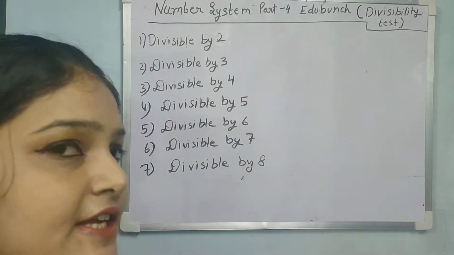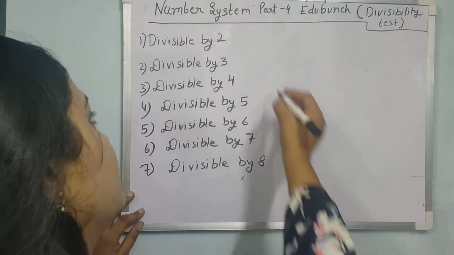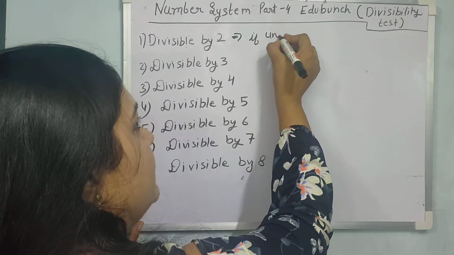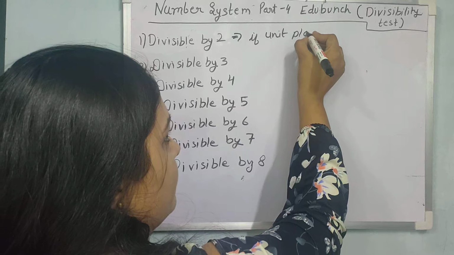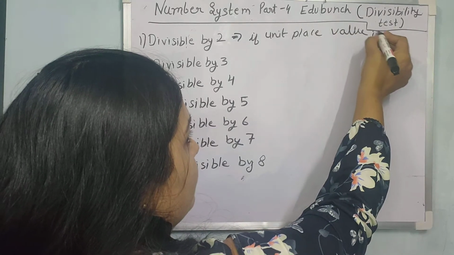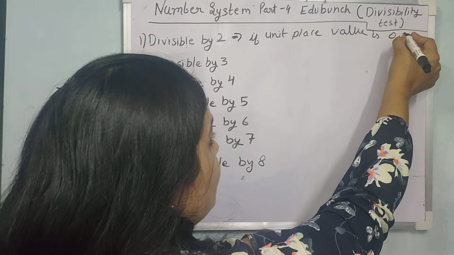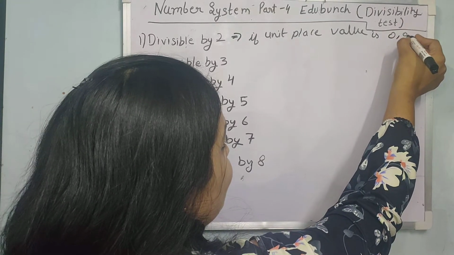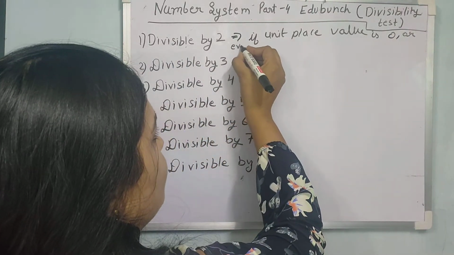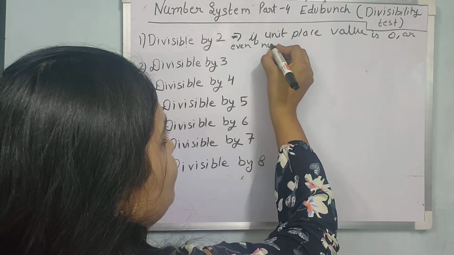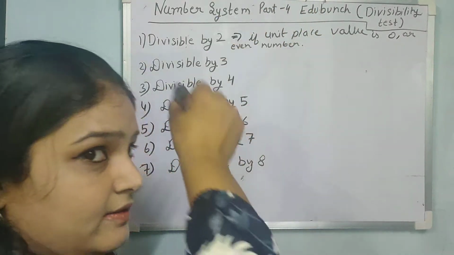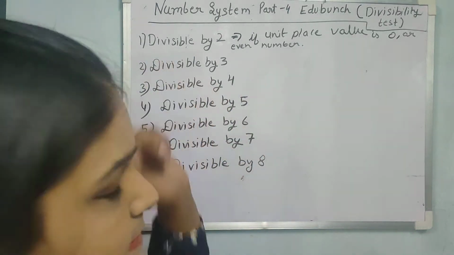For the divisibility test for 2, if the unit place value is 0 or an even number, we can say the number is divisible by 2.